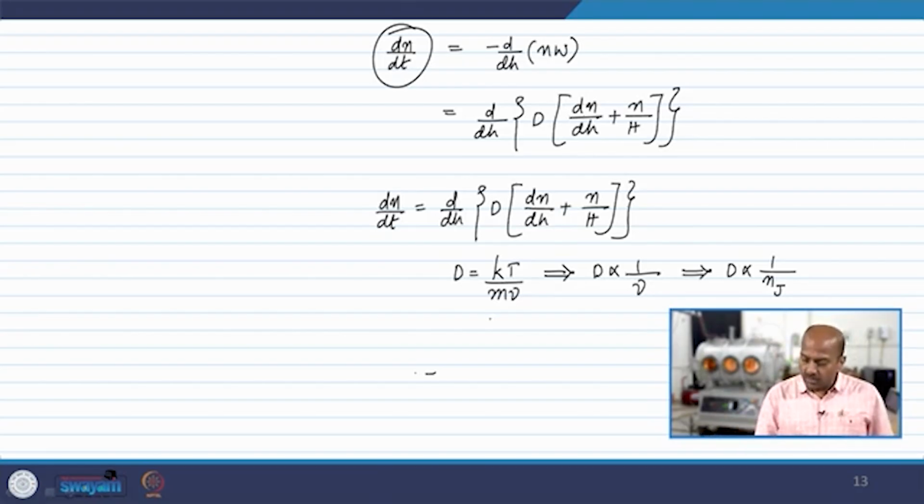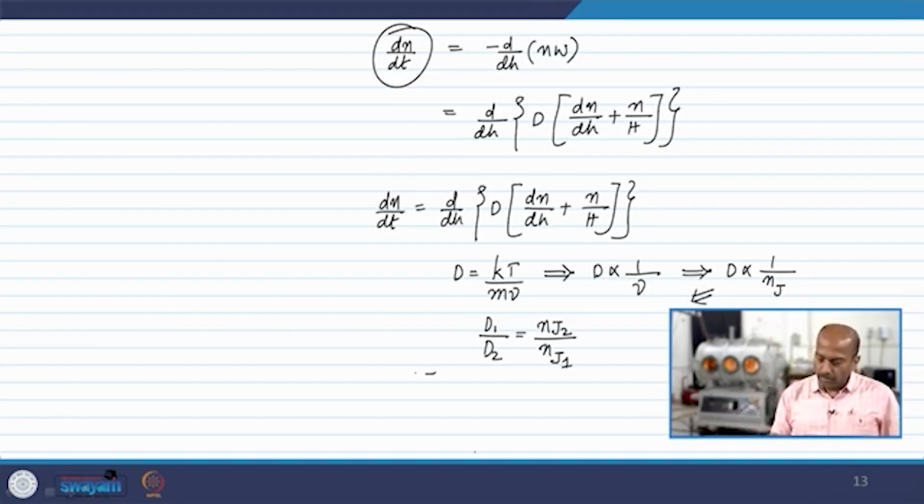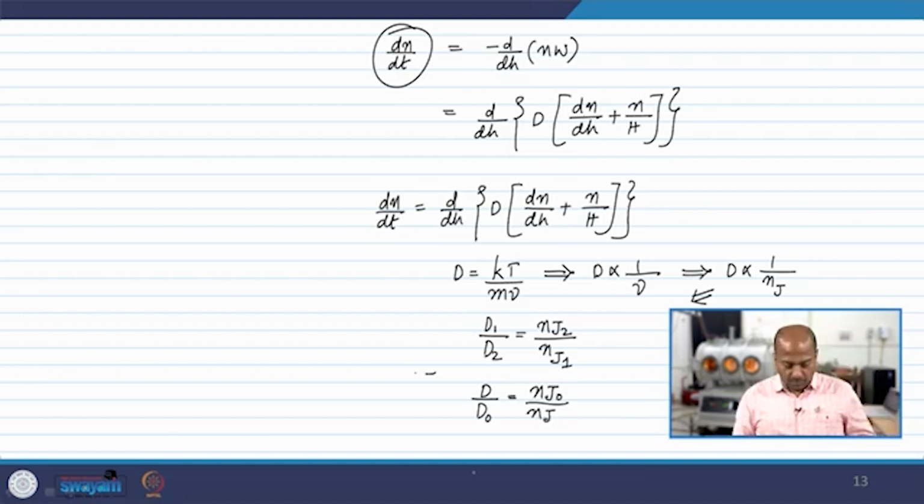So, if you put a reference, D1 by D2 is equal to nj2 by nj1, right. So this relation can be written like this. If you assume your reference to be D naught, then D by D naught can be written as nj0 divided by nj.